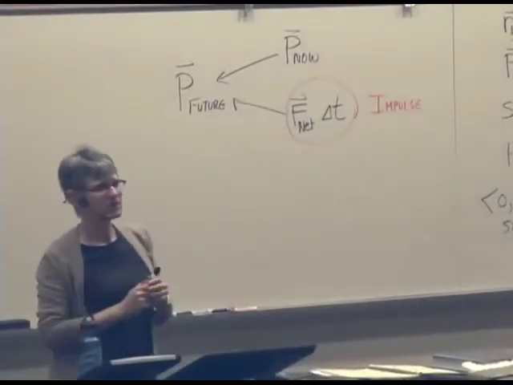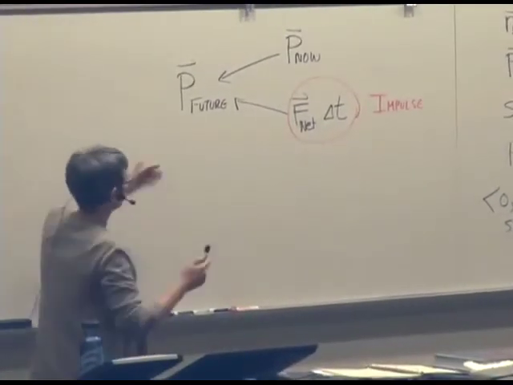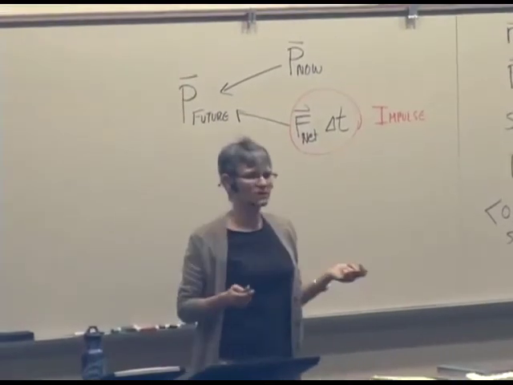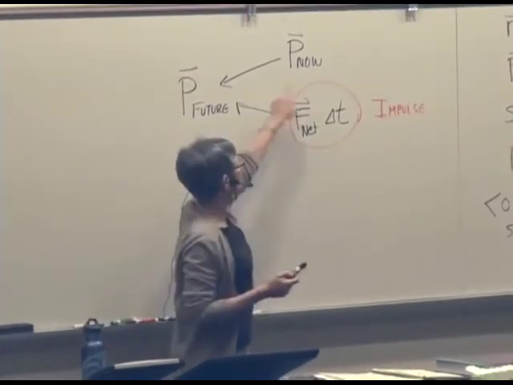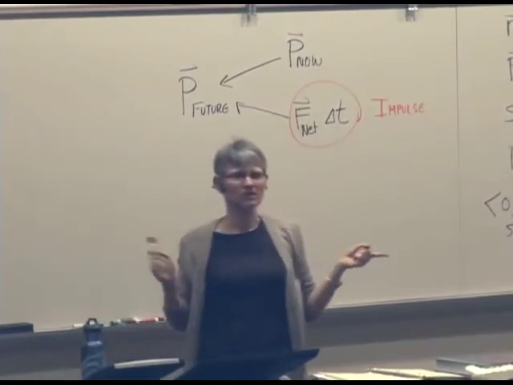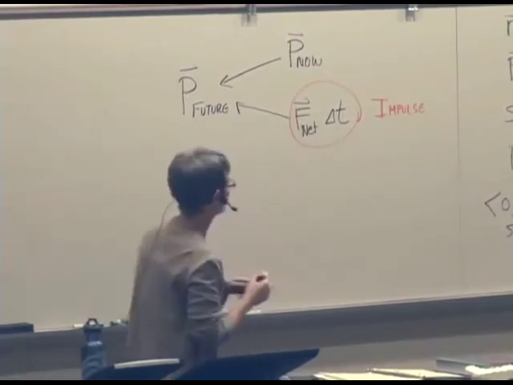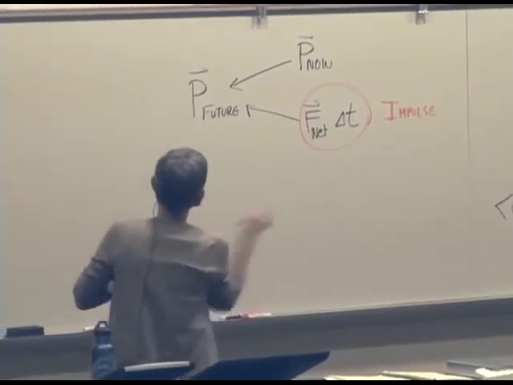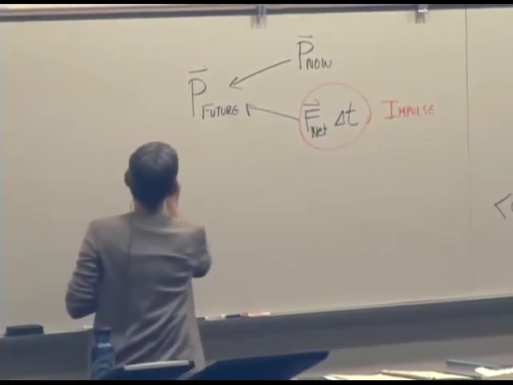And most of the mistakes that we tend to make in reasoning about what the momentum of a system is going to be in the future are due to forgetting to take into account one of these things. So we're going to try very hard not to forget. And we can write this down as an equation.